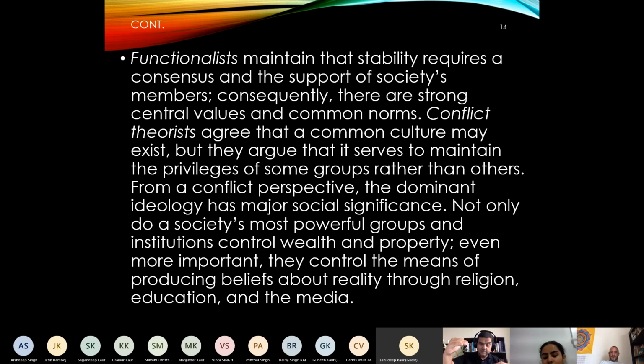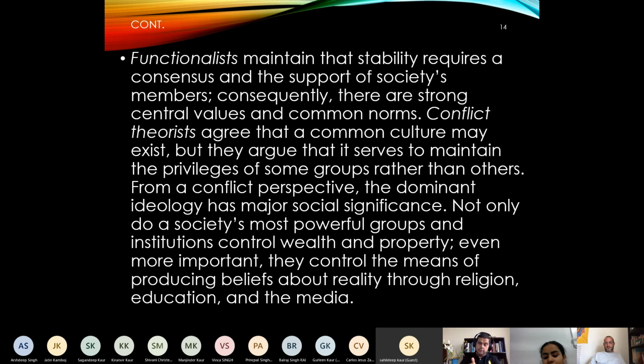You get it? And that's why they say that they use the different agencies of socialization in order to convince the individuals to not resist the system and to just accept the status quo and do just what everybody is doing and follow the system that they design. So this is the conflict theory.